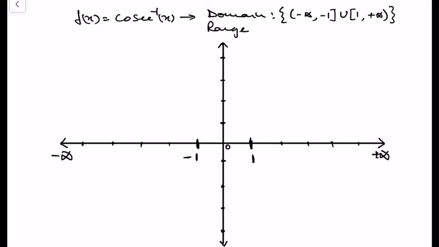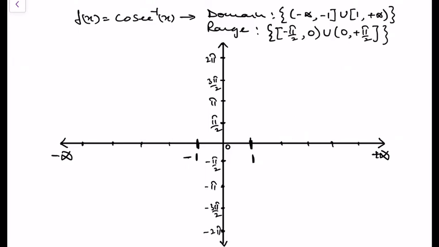And the range of this function is from minus pi by 2 to 0, and then 0 to pi by 2, where 0 is not included because it is not defined at 0, and we have an asymptote at 0.